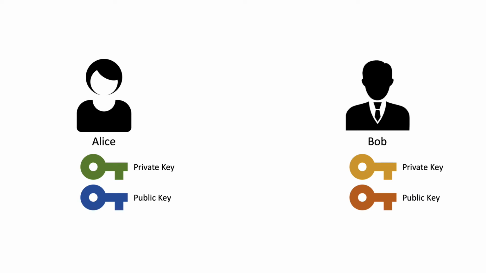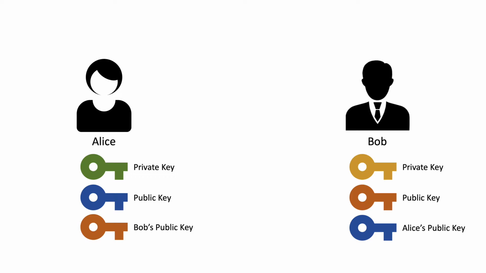So if we go back to our example of Alice and Bob, and each of them have key pairs, both a private key and a public key, we could send information to Bob securely by encrypting it with his public key. Now, the public key is open to the world.